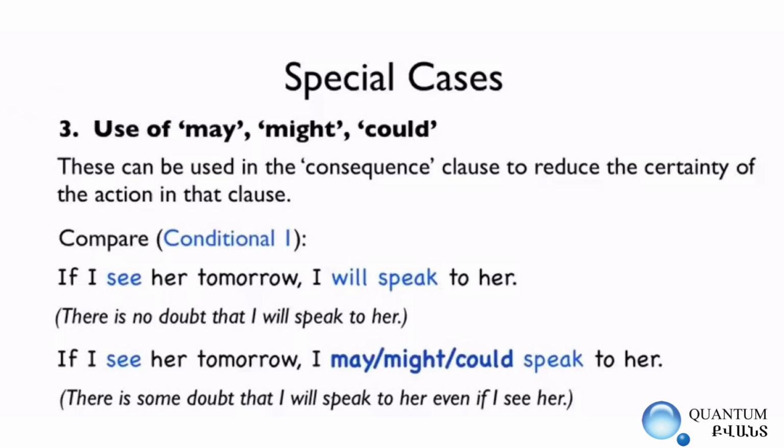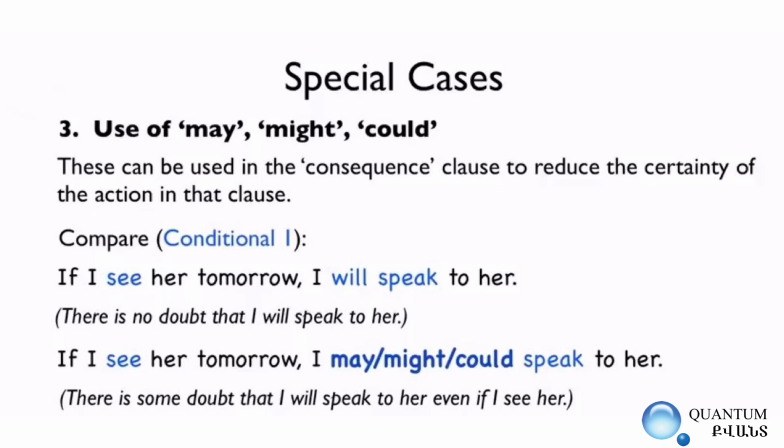Now let's have a look at conditional 1 and see how it is formulated here. If I see her tomorrow, I will speak to her. So there is no doubt that I will speak to her. In this kind of sentence, it gives this sense.